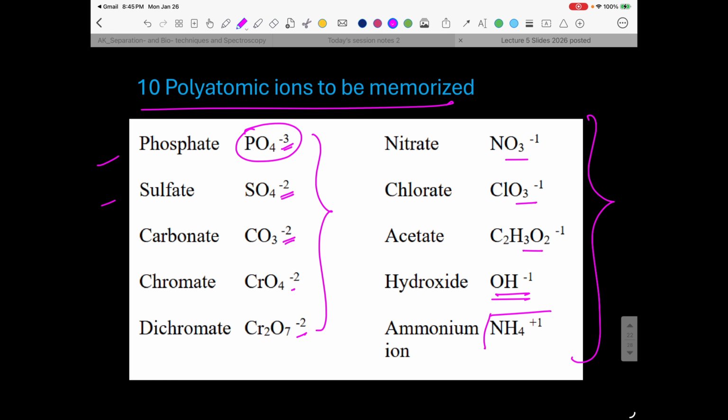Ammonium is the only one here that you will see with a +1 charge. Even though ammonium contains nonmetals, because it has a +1 charge, whenever you have ammonium compounds, they will generally be salts. They will have ionic bonds between the positively charged ammonium ion and a negatively charged anion.